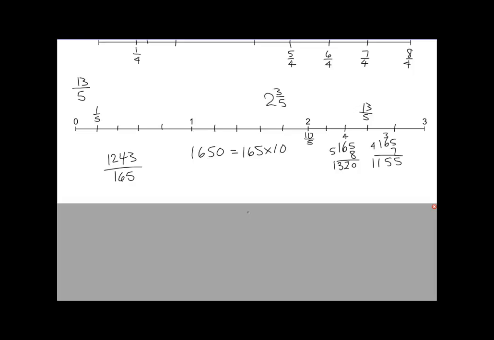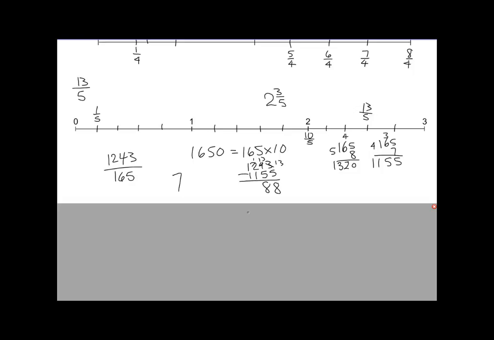So we know that we have 7 whole units, and the remainder is 1243 minus 1155, which looks like 88.